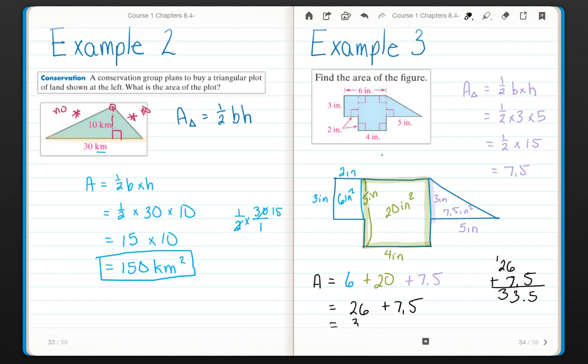So my total area is 33.5 inches squared.